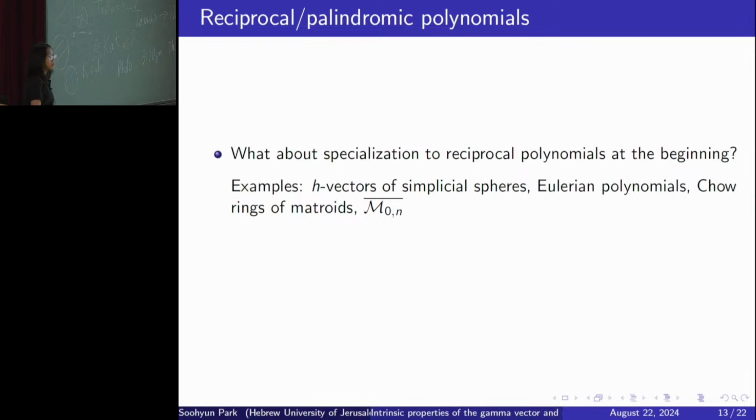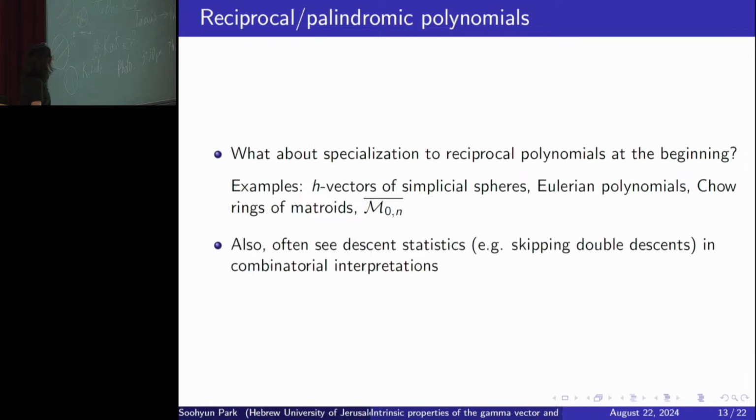Eulerian polynomials, the generating function for descents or ascents. Chow rings of matroids, which Shinchen discussed in quite a bit of detail, and then M0,n bar, which we just met in Dongwon's talk. The funny thing is that despite the varying proof techniques, as I mentioned earlier, something persistent among examples where combinatorial interpretations do exist is that there's some kind of descent statistic going on.